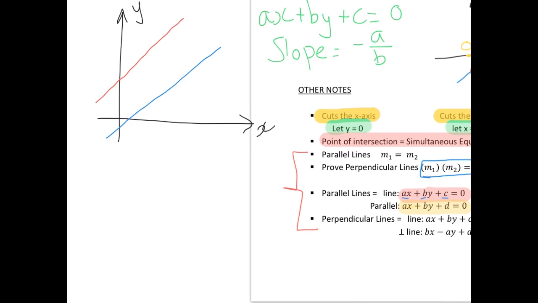So if two lines are parallel, their slopes need to be the same, so we need to have a and b be the same two numbers in both cases. The only thing that will be different is that constant at the end, the c or the d, because if you look at this picture here, these lines cross the y-axis at two different points. If they were to cross at the same point, they would just end up being the same line.